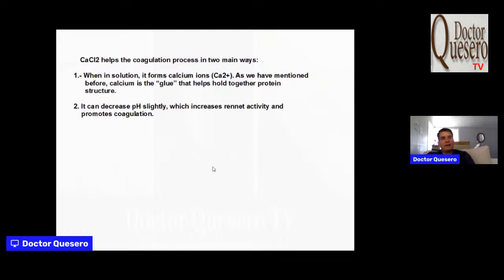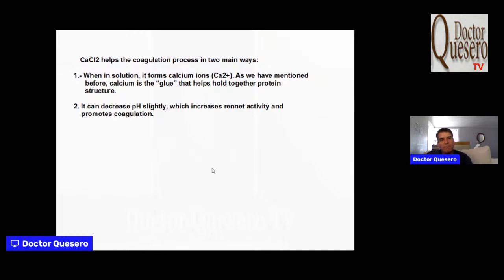Okay, but it also will depend on the texture you are getting. If you still notice that when you are making the cheese, your curd is still weak, you have to increase the calcium chloride, because maybe your milk is over pasteurized.